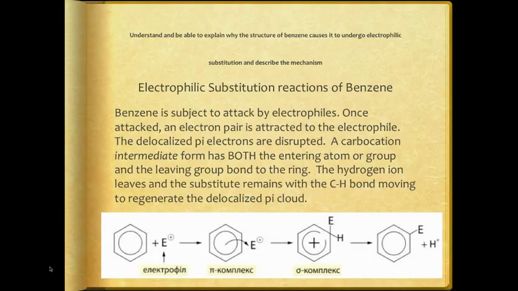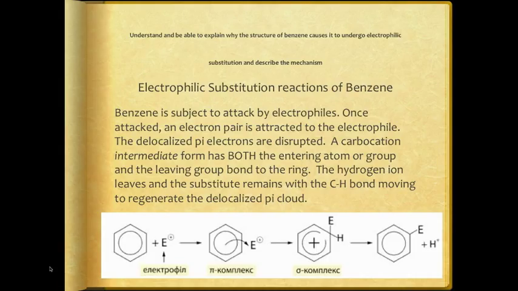Benzene is subject to attack by electrophiles. Once attacked, an electron pair is attracted to the electrophile. The pi electrons that are above and below the benzene ring are disrupted. You can see the effect of the electrophile on those pi electrons in the diagram below.